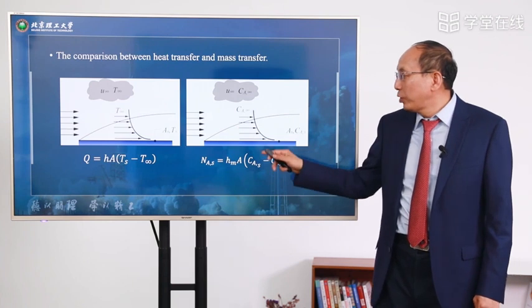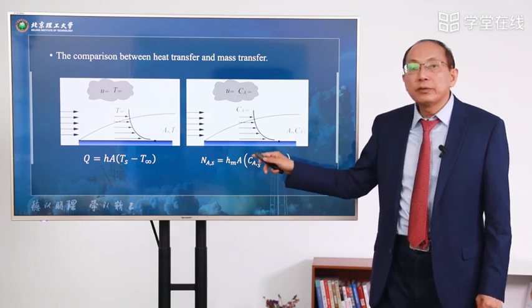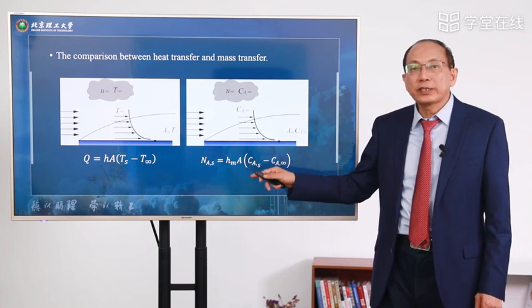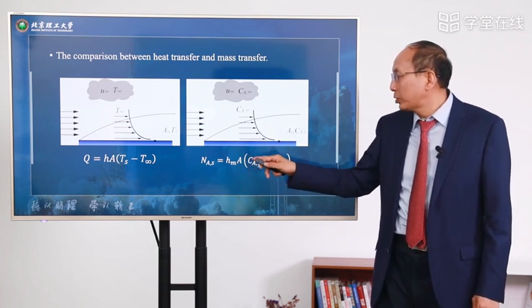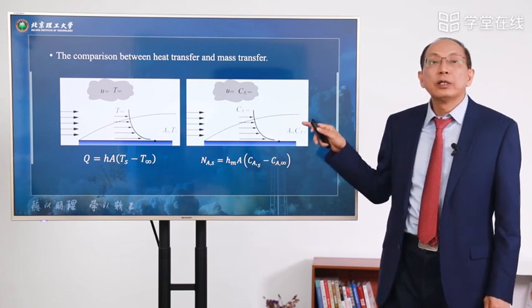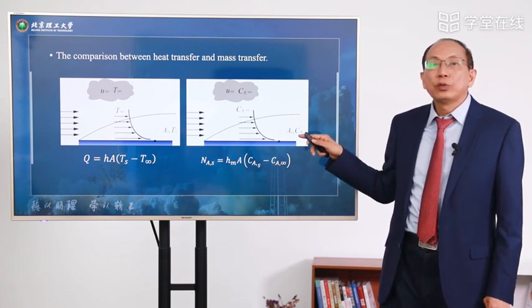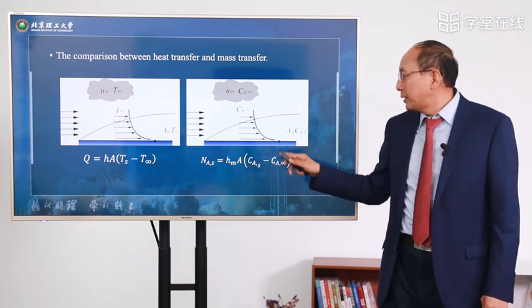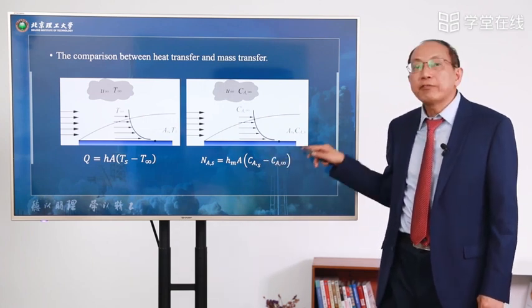In mass transfer, we use another equation to calculate the mass transfer flux: NAS equals hm times A times the concentration difference, CAS minus CA infinity.